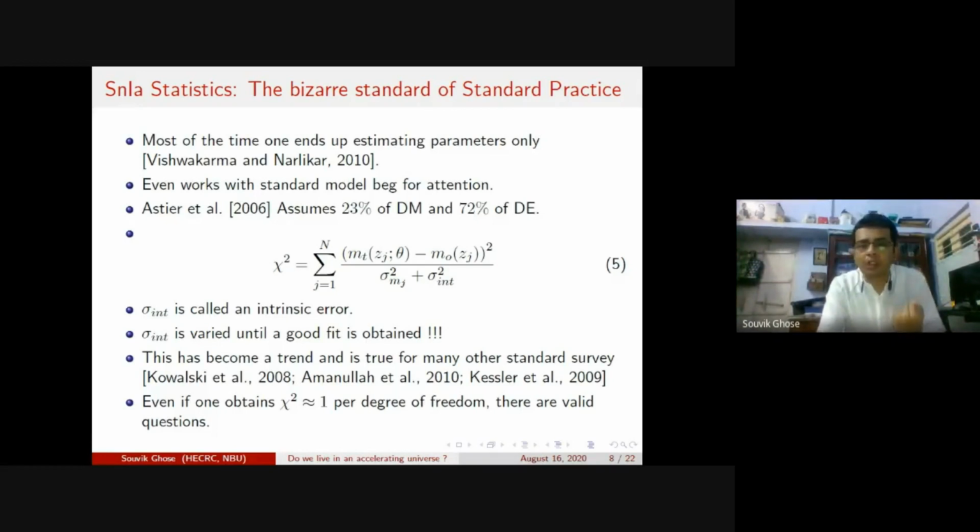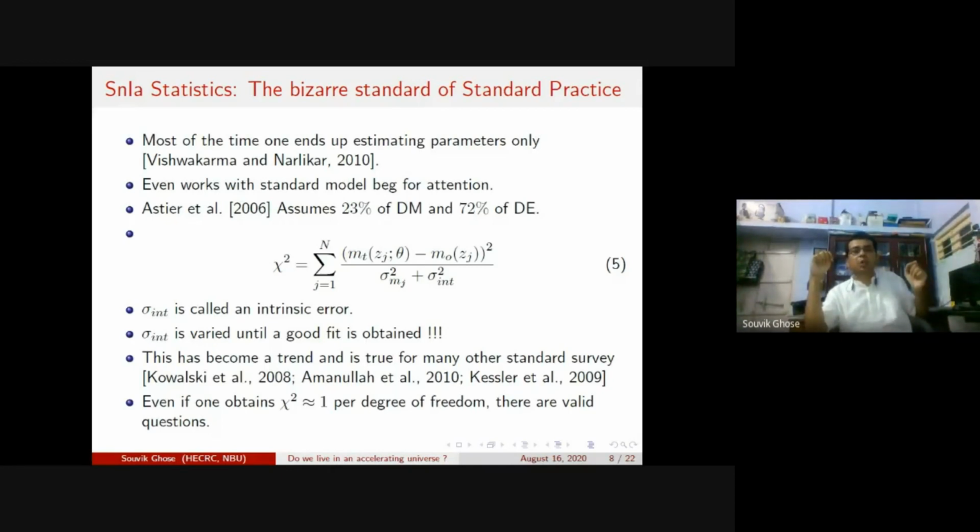For a well-established model, this is a very good practice, nothing serious. If you know for sure that your model will work, then you go on, fit your model with the observed data, and estimate your parameters. That's fine. But when you are not sure about the validity of your model itself, you don't go on fitting the data and estimating your parameters.